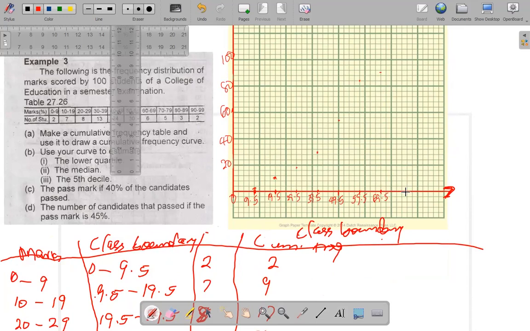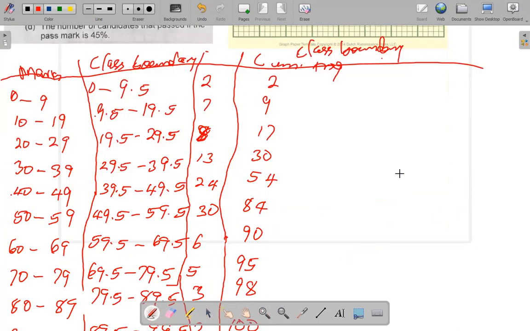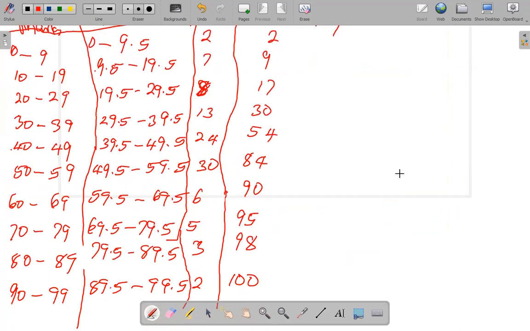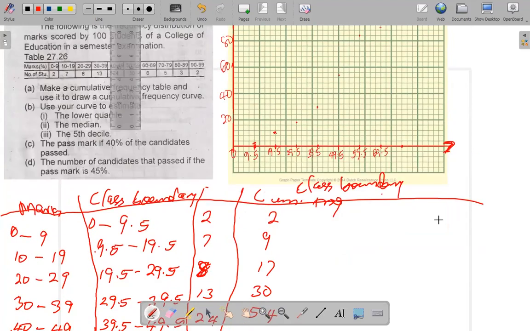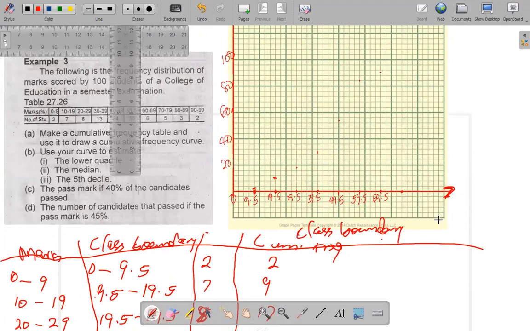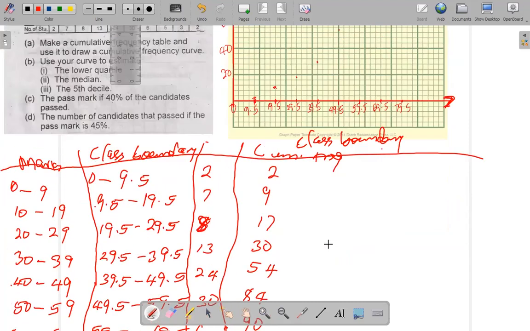And the next one will count 4 again. 1, 2, 3, 4. The cumulative frequency is 95. Let me put the class boundary right here, 79.5. The cumulative frequency is 95.